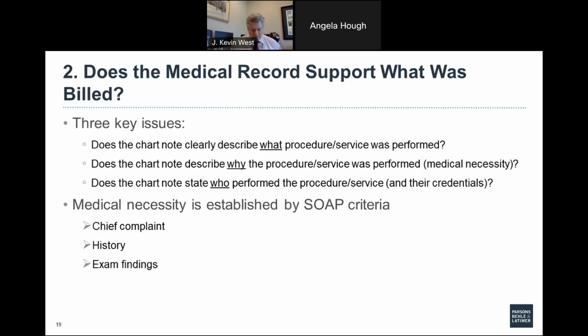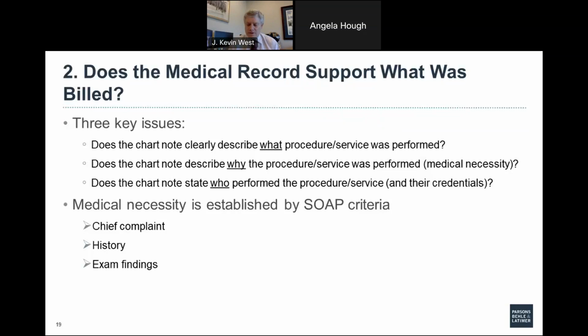But on those occasions when the payer says, we'd like to take a deeper look at this, and they request the medical record and review it and compare what was billed on the claim form to what is in the medical record, at that point, and only at that point, can they really make a definitive determination as to whether the medical record supports what was billed. The process of doing that is known as auditing, and we'll chat more about that in a moment.